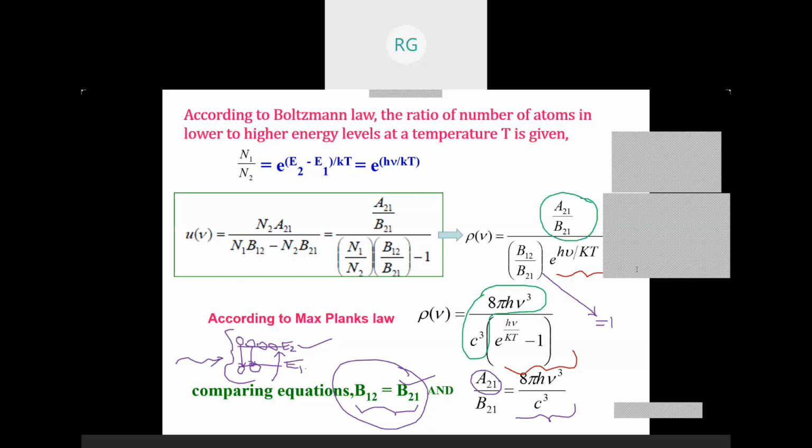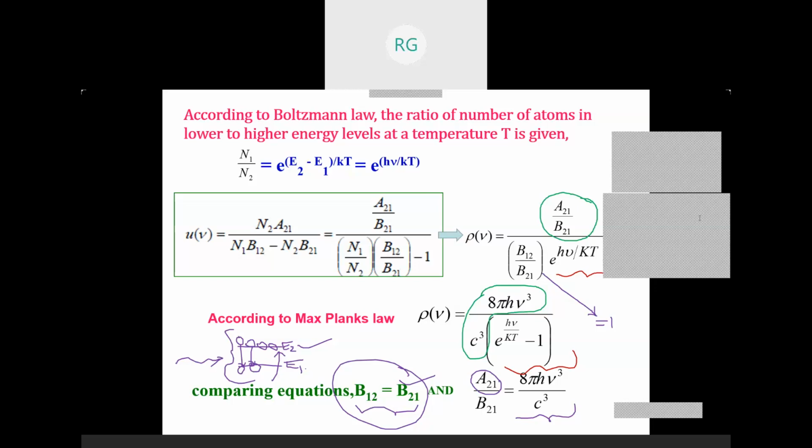Hence, a two-level energy system cannot be used to produce a laser because you cannot achieve population inversion. So you should have more energy levels than a single or two energy level system.